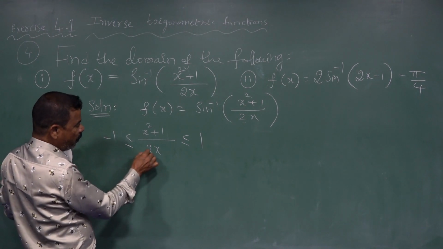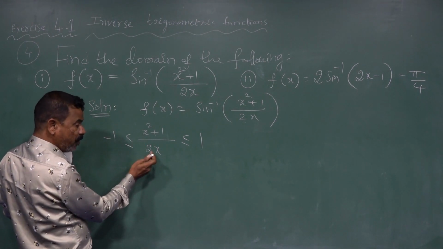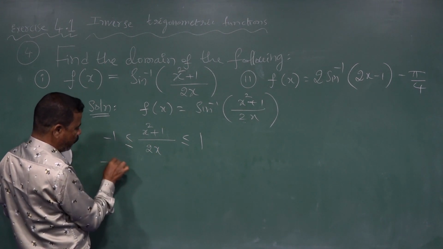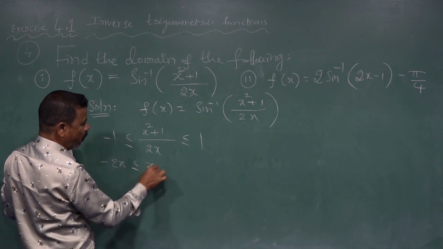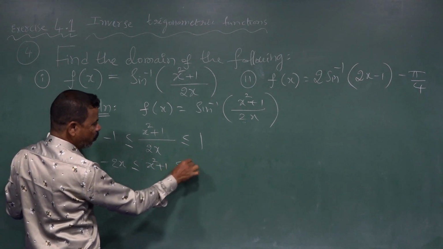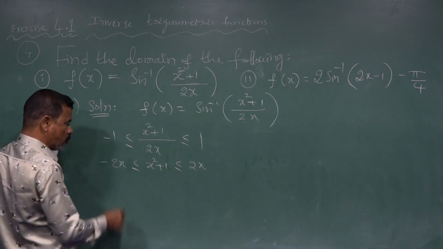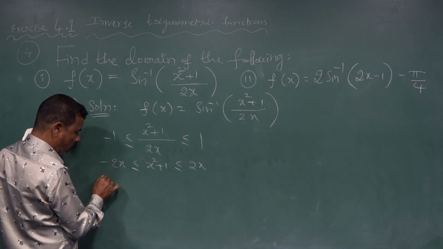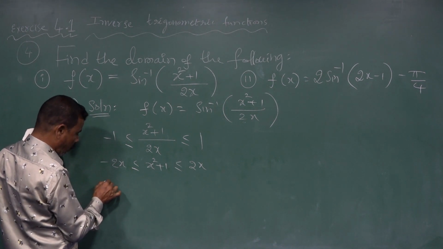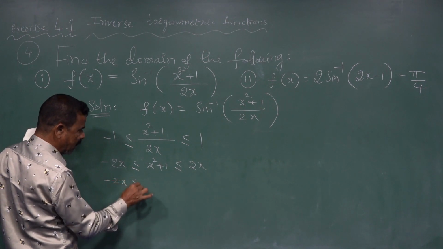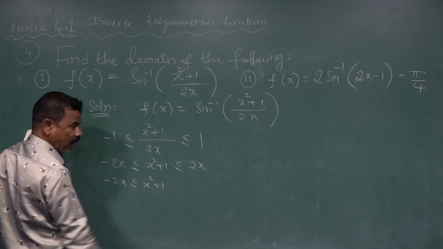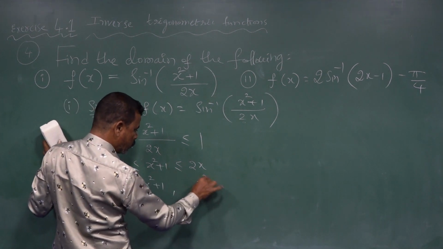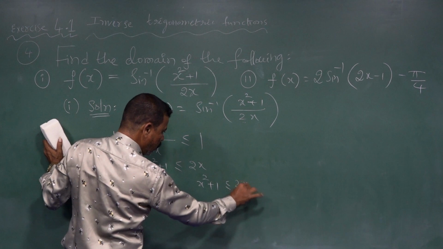So multiply this value with 2x on both sides. 2x into minus 1: minus 2x less than or equal to x square plus 1 less than or equal to 2x. So here split into two parts. One is minus 2x less than or equal to x square plus 1, and another is x square plus 1 less than or equal to 2x.